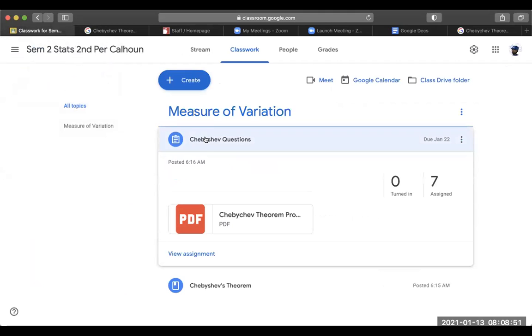And I want to look at some of these questions. I want to actually work through about 2 of them together to get a little further explanation about Chebyshev, get a little further practice.